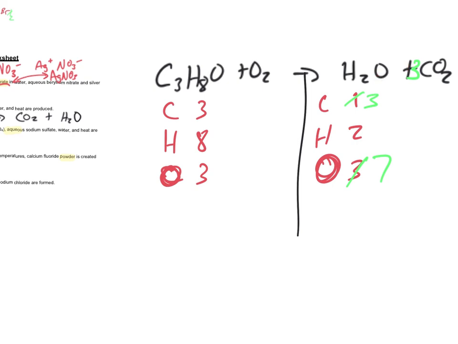Let's clean that up and just double our oxygen. I only did that just to clean it up a little bit. I have an odd number of oxygen over here, so I'm going to change that to a 2. Wow, this just messes everything up.